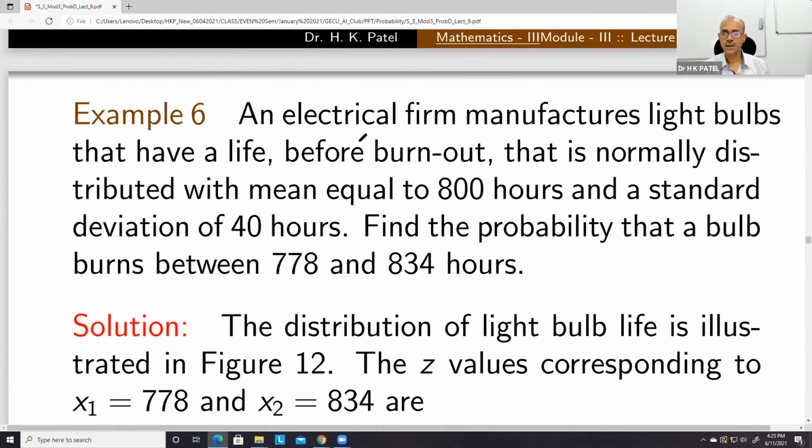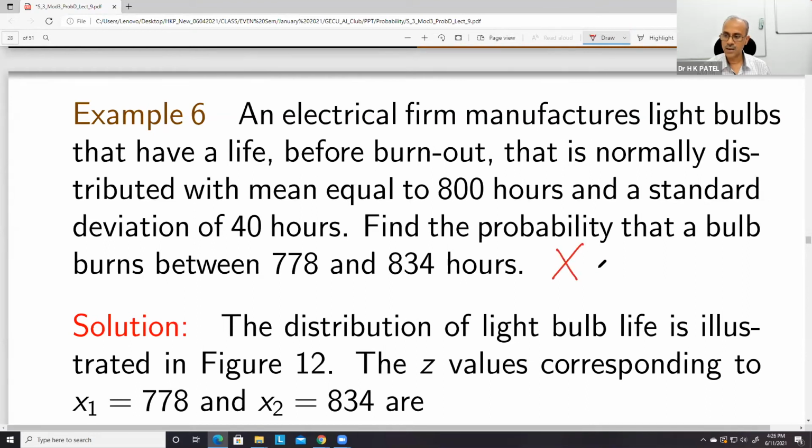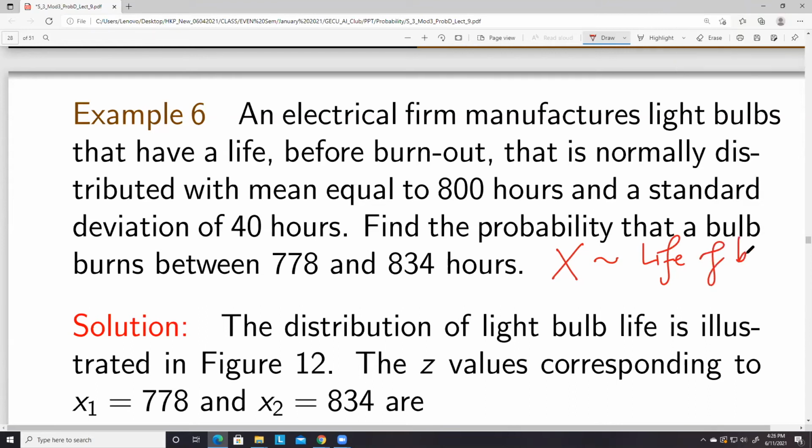Then, an electrical firm manufactures light bulbs that have a life before burnout that is normally distributed with mean equal to 800 hours and a standard deviation of 40 hours. Find the probability that a bulb burns between 778 and 834 hours. Again, you can take random variable X to be the life of bulbs.